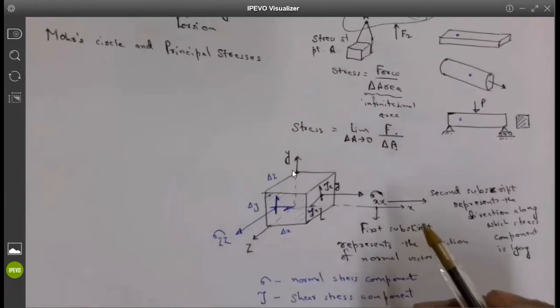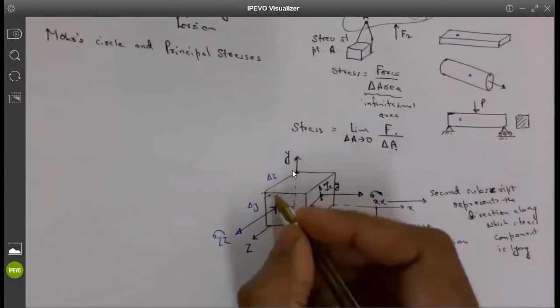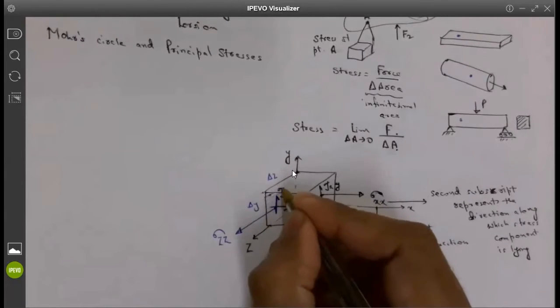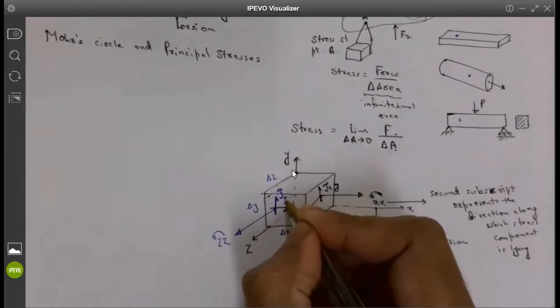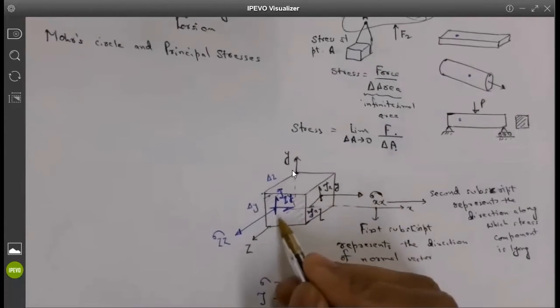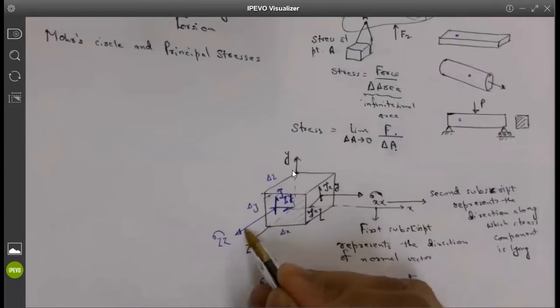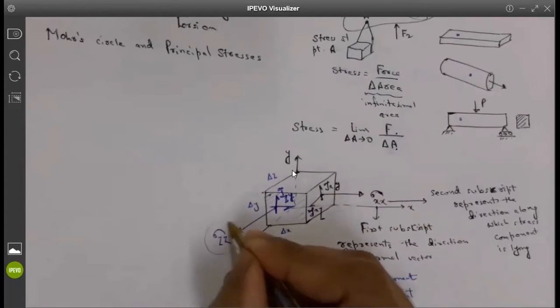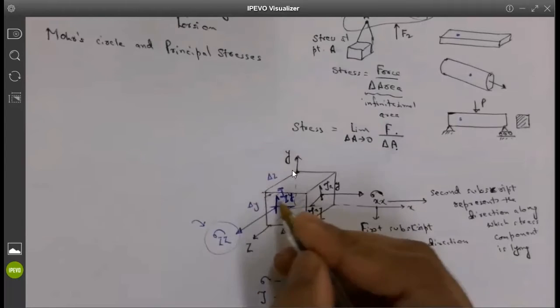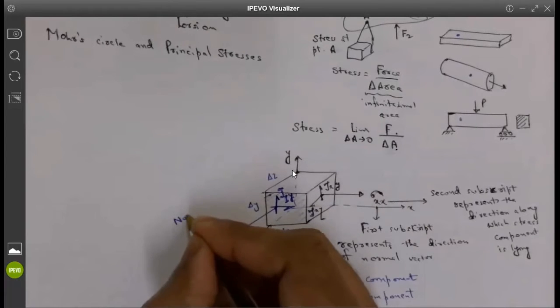You are almost there, except it will not be sigma, but tau ZY. The reason it is tau is that in any face we have one normal component, which is called normal stress, and it is only one for each face. So this is called normal stress.